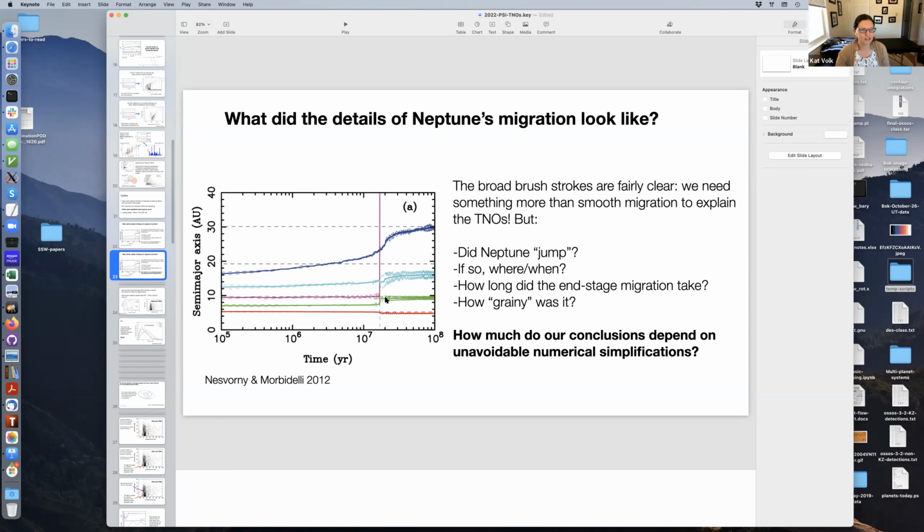I know one of the challenges in the Nice model was that it could have really messed with the orbits of the terrestrial planets if they were there when these shenanigans went on. It's the same idea of those secular resonances I talked about, where you could really pump up the eccentricities of the terrestrial planets.